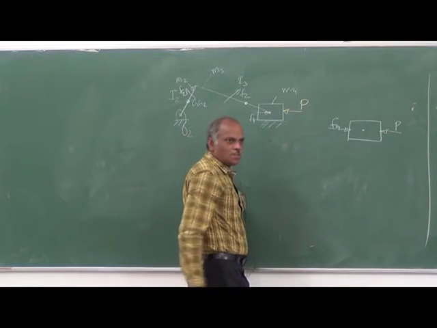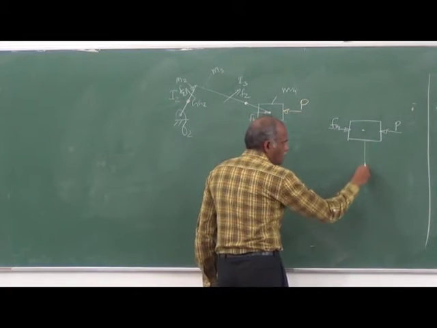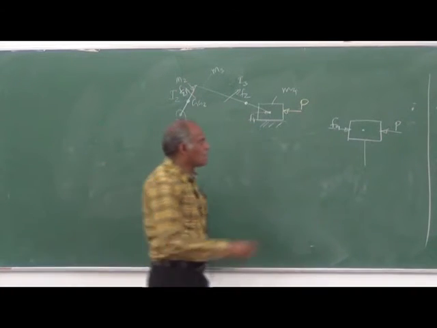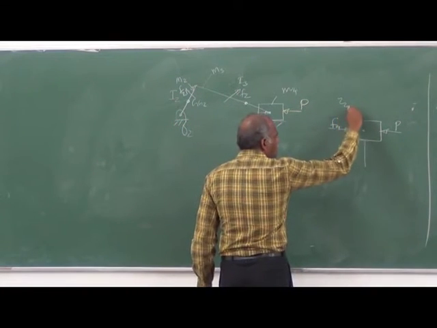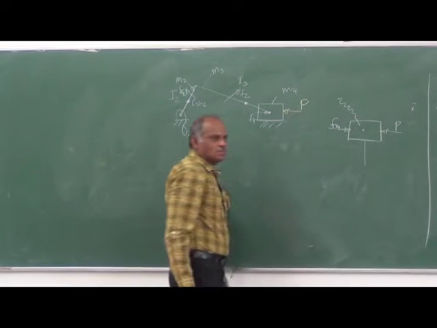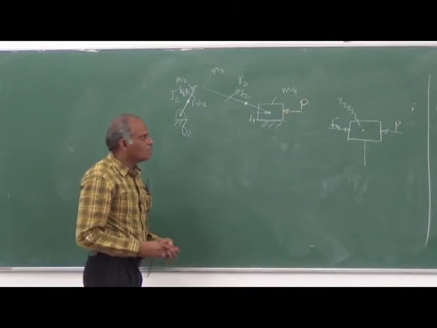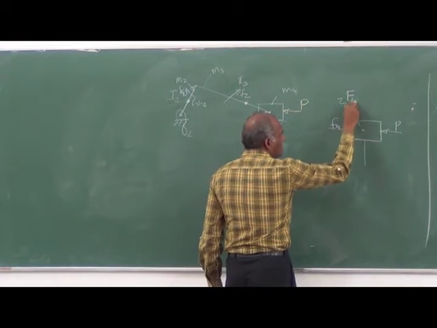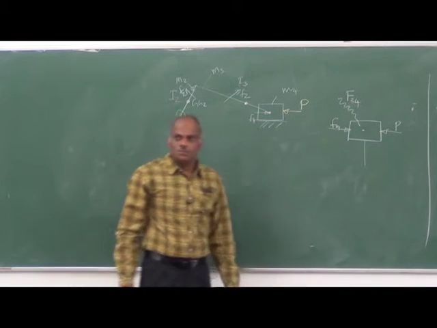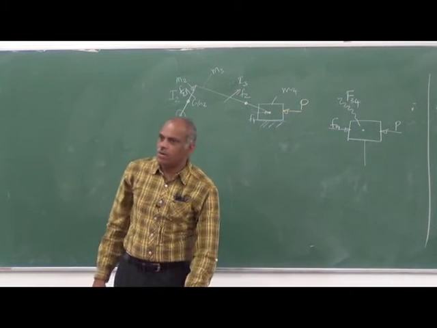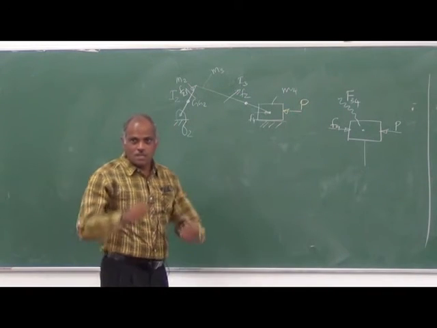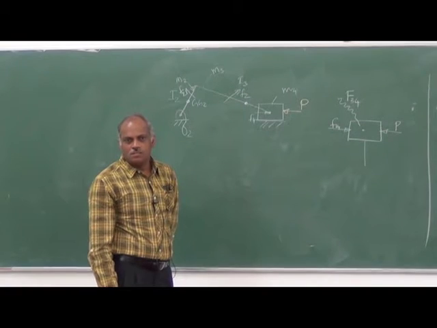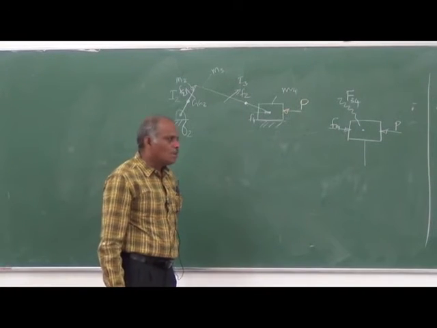The reaction from the support, if you assume it is frictionless, at least the direction will be normal to it. Then you have this force, that is the force applied by 3 on 4, which is not known in magnitude and direction. Because it is a revolute joint, it can apply forces in any direction.